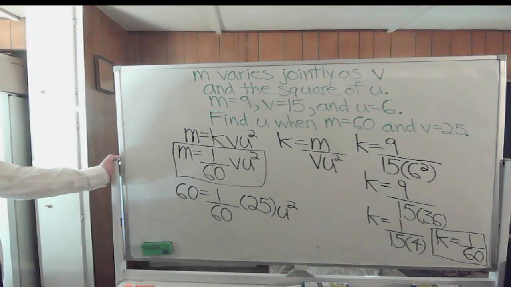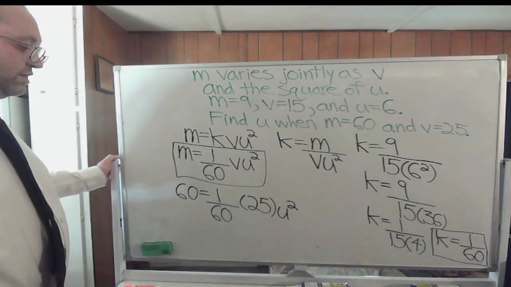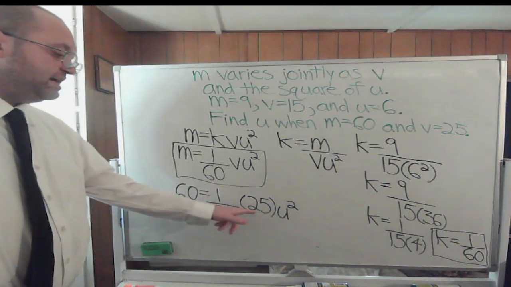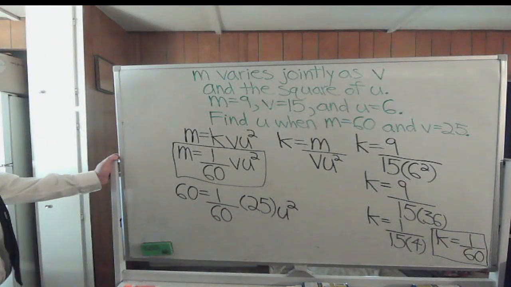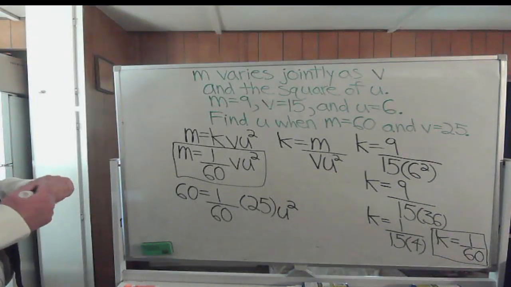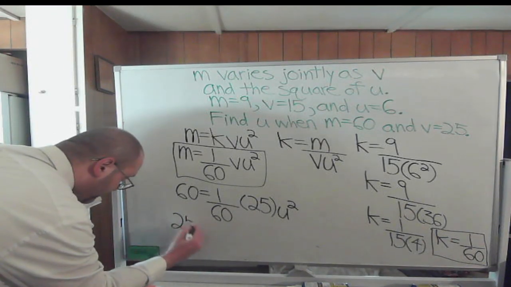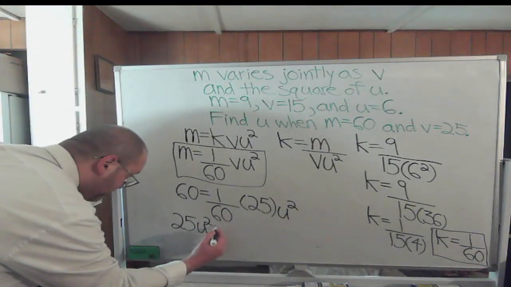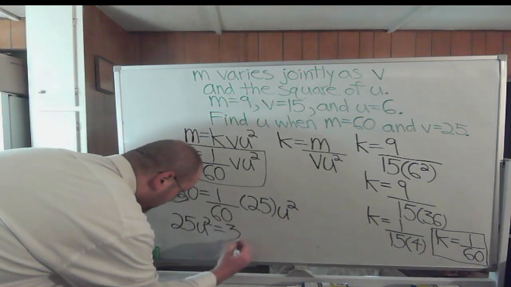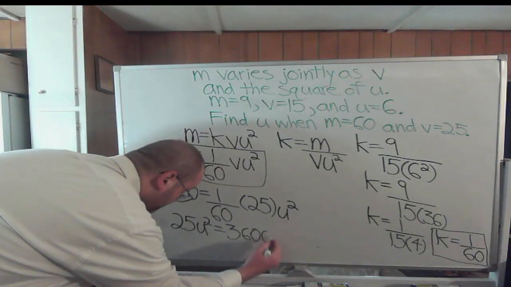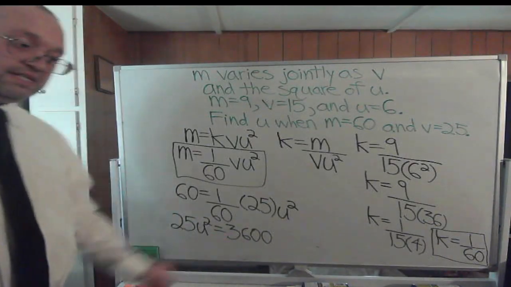Well, the first thing I'm going to suggest, on the right hand side, because you have 60 equals 1/60th times 25 times u squared, is to get rid of your denominator of 60. In order to do that, you got to multiply both sides by 60. If you multiply the right side by 60, you're simply left with 25 u squared is equal to, now you'll have 60 times 60, which would be 3,600. So we have now 25u squared equals 3,600.